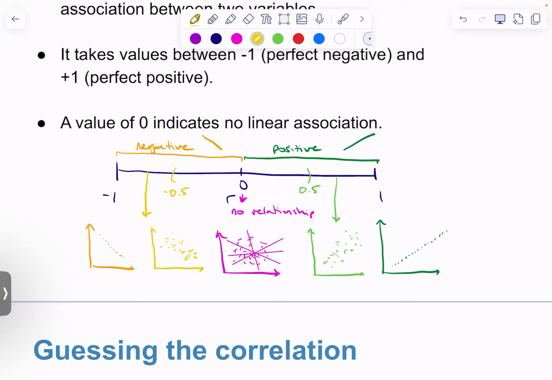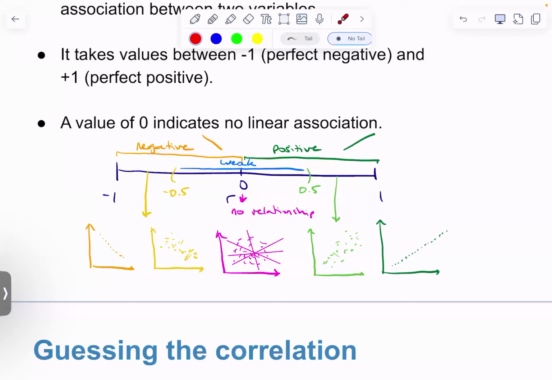Anything with a correlation between -0.5 and 0.5, I use 0.5 as a rough guideline, is going to be considered weak. You're not really going to be able to detect a pattern when you look at it. Okay, and so for this stretch here, we call this kind of a weak relationship. It can be a weak negative relationship or a weak positive relationship if you have the correlation to tell you, right?